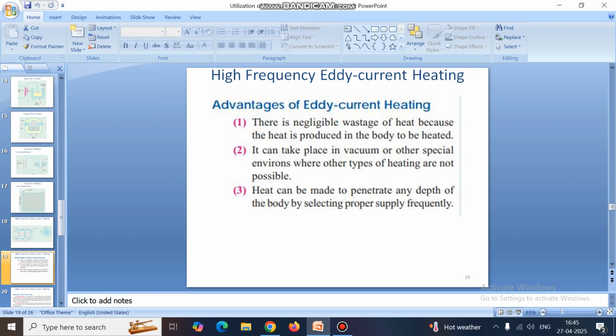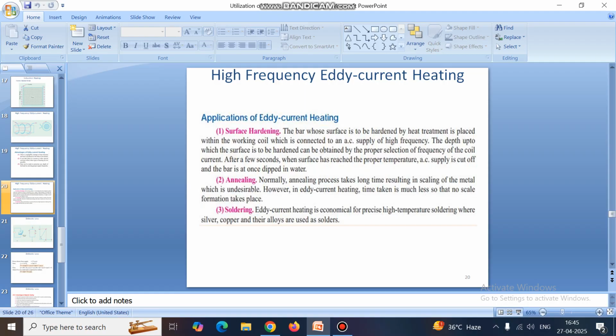Number three, it can be made to penetrate any depth of the body by selecting the proper supply voltage. That means by changing the supply voltage, you can change the penetration of the heating depth. Application of eddy current heating: it has been used for surface hardening, annealing and soldering of materials.